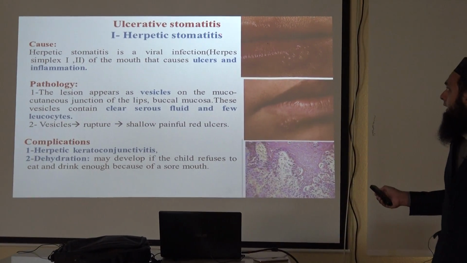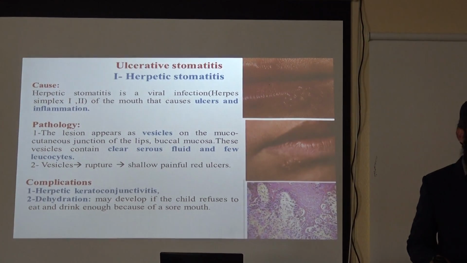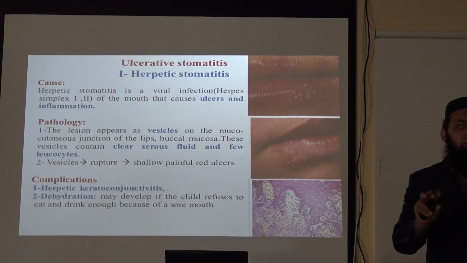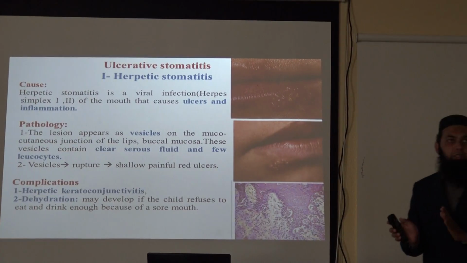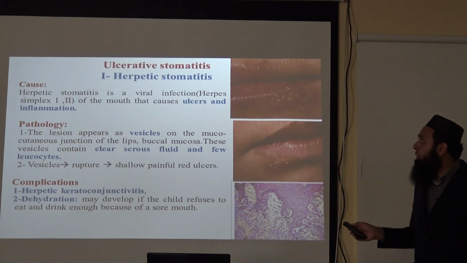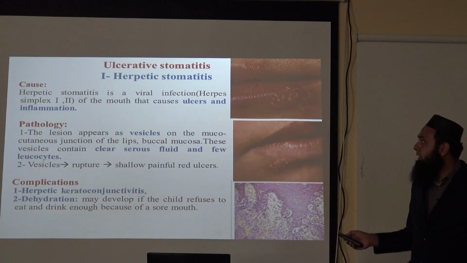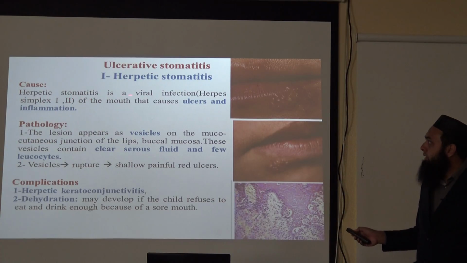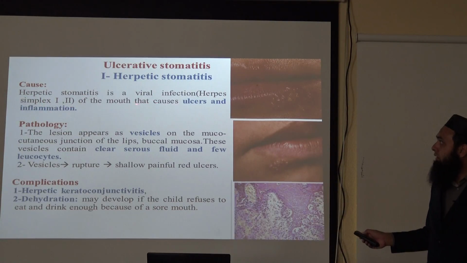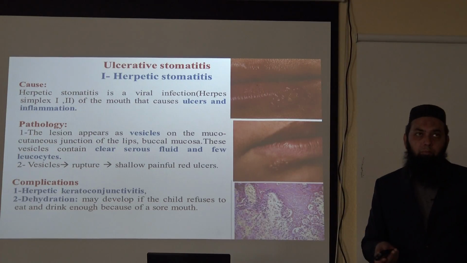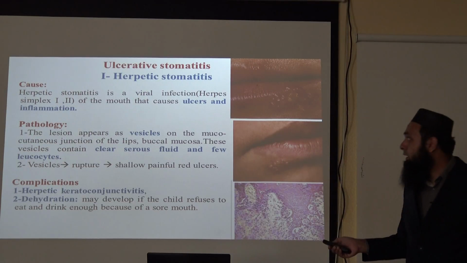The word itis, something telling you? Very good. So inflammation. By looking at the name, you can judge what is there. This is inflammation of the oral cavity due to herpes simplex virus. So herpetic stomatitis is a viral infection of the mouth, herpes simplex 1 or 2, that causes ulcer and inflammation. So the definition is very simple.